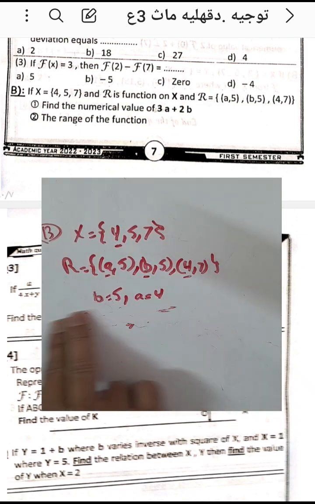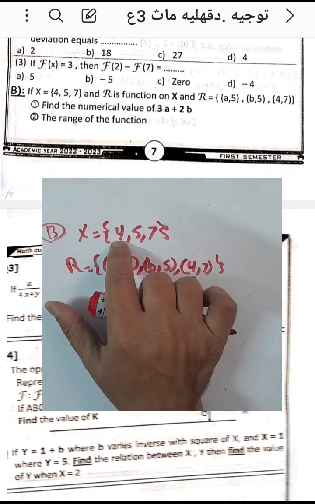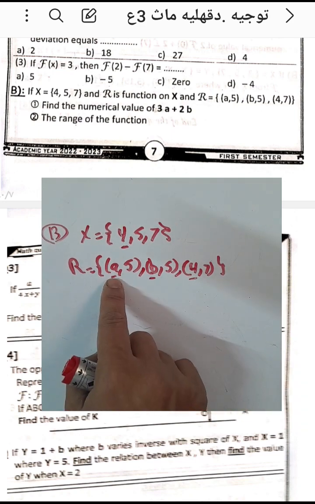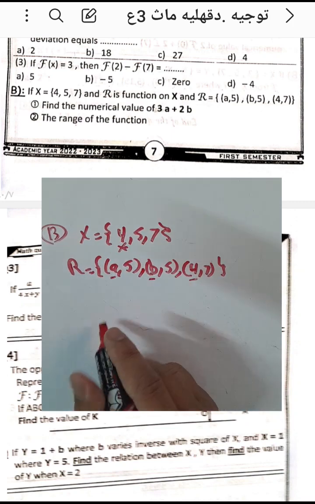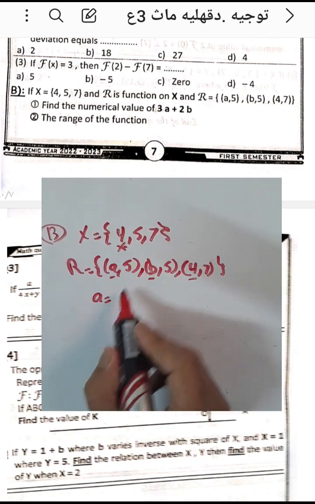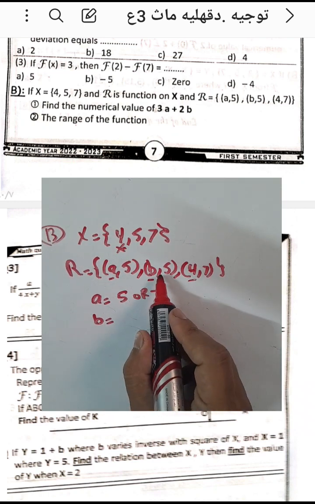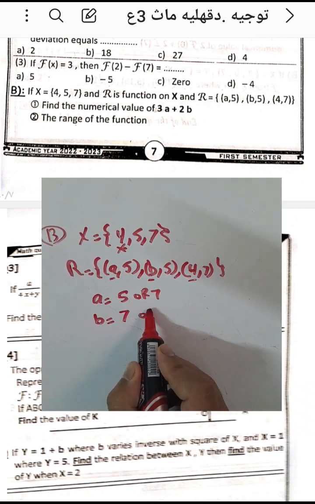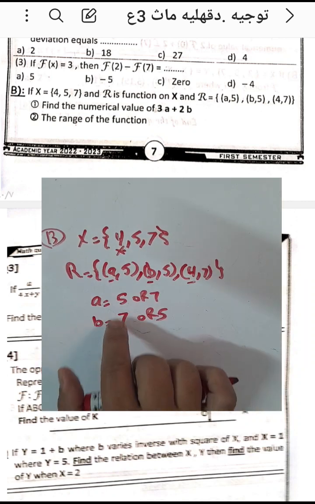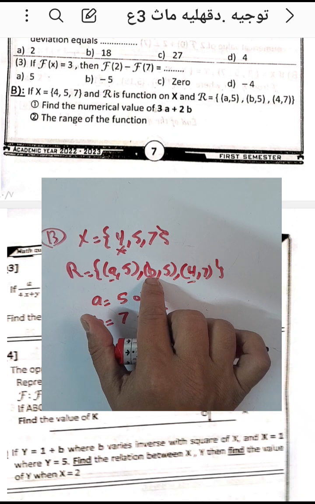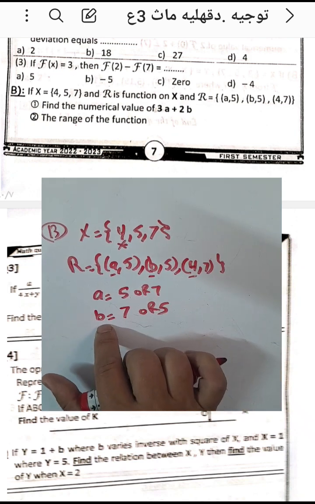We have two results here because relation 4 must be seen in the first projection and 5 in the first projection. We have 4 here, then we cancel 4 here, then a will be 5 or 7 and b equal 7 or 5. We must replace them here.